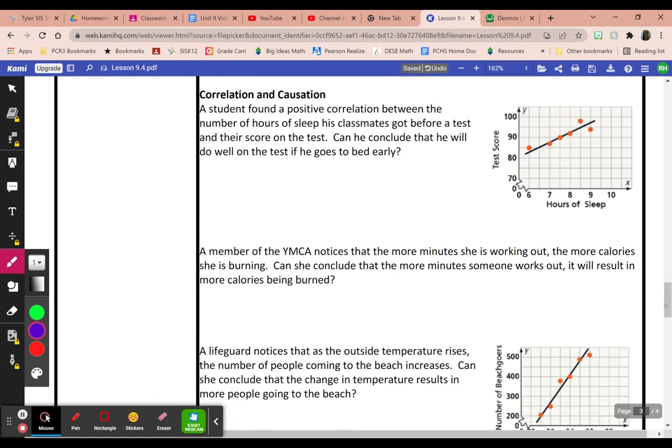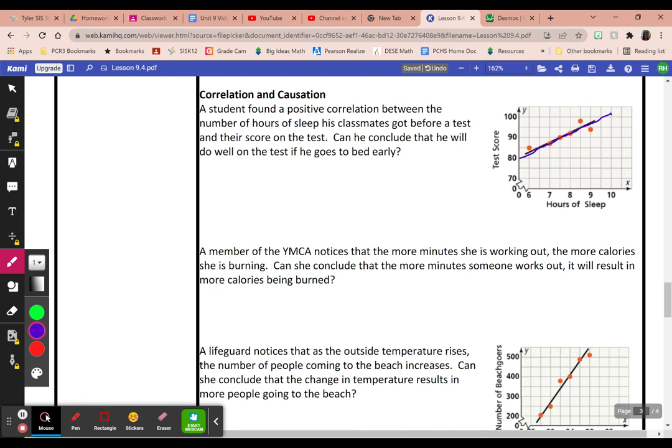A student found a positive correlation between the number of hours of sleep his classmates got before a test and their score on the test. Can he conclude that he will do well on the test if he goes to bed early? Well, this line over here is showing us that most of the time, the more hours of sleep you get, the better you're going to do on your test, right?